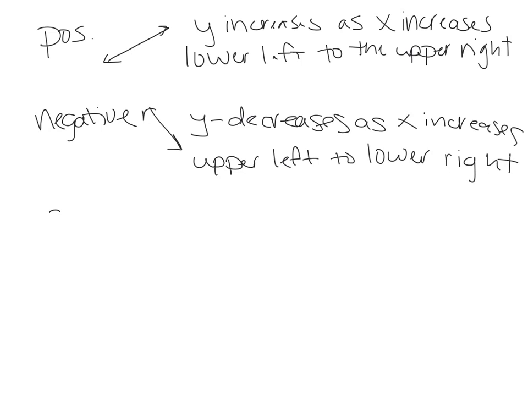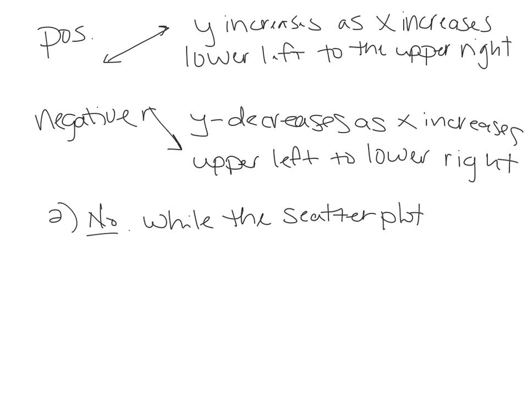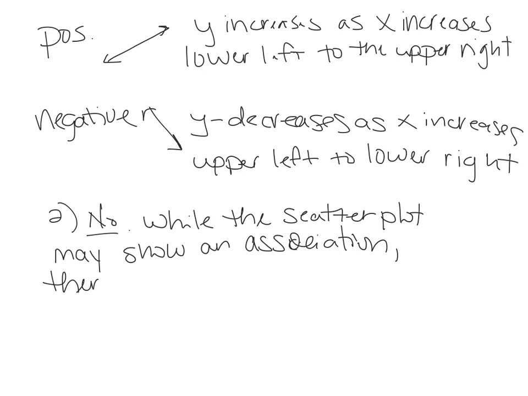All right, does association imply causation? The answer is no. This is a test question. So while the scatter plot may show an association, some sort of relationship between these two variables, there may be lurking variables.